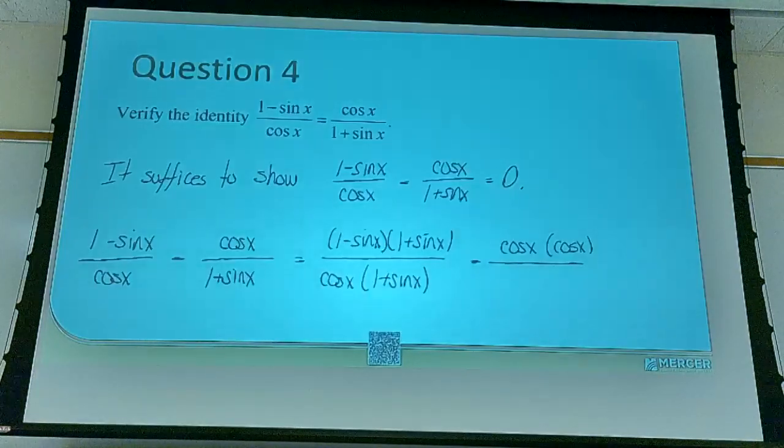Second fraction, you need to multiply by a cosine. And cosine over cosine.